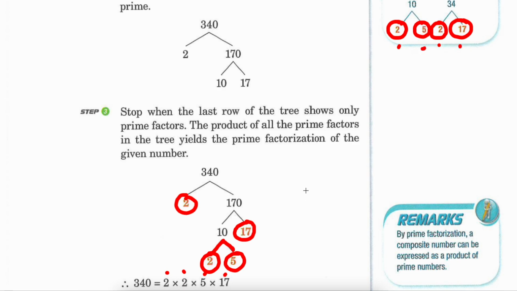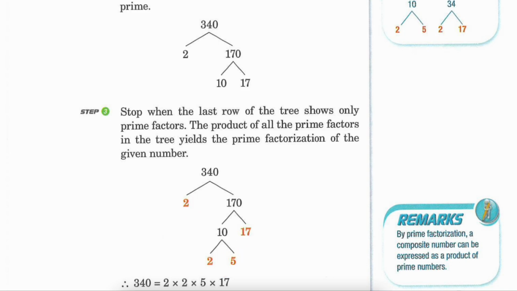So there are, I guess, quicker ways of prime factorizing, but they're all going to get you to the same answer. Okay? And these bigger numbers are composite numbers that can be broken down into prime numbers.